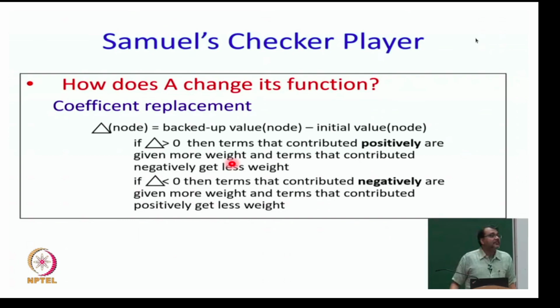So whatever the backup value you are giving is less than the initial value, then you need to give more weightage to the terms which contribute negatively, so that it will finally come closer to zero. That's why you are maximizing the terms which are negatively contributing, and reverse also means those who are contributing positively, you are reducing their contribution.